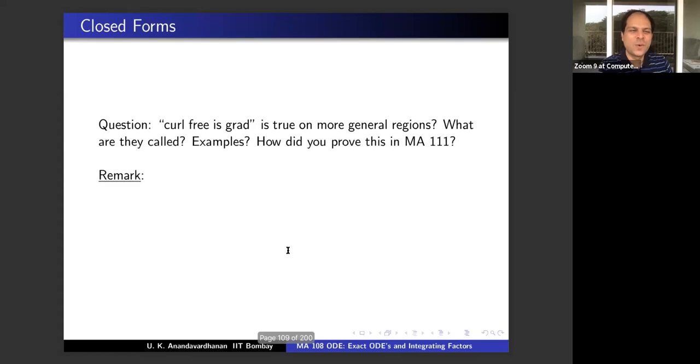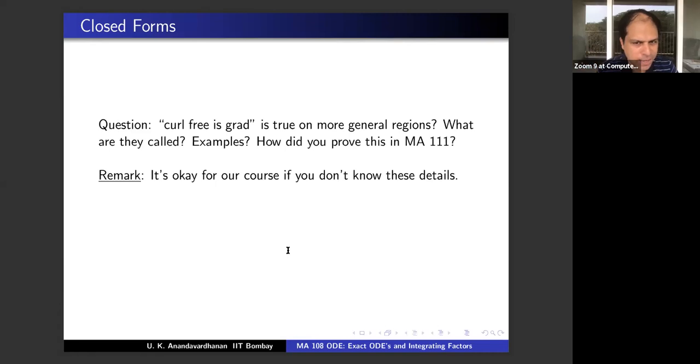Okay, so remark. I have said so many things quite fast. When I get excited, I tend to speak a bit fast, sorry about that. But here is the remark. For our course, for our exams, and for our questions, if you don't know these things, suppose you don't know simply connected, you don't know the proof of curl free is grad, it doesn't matter for this course.